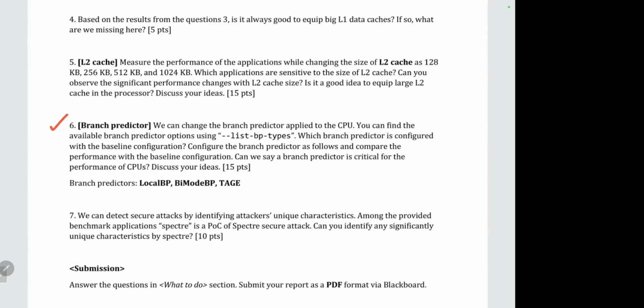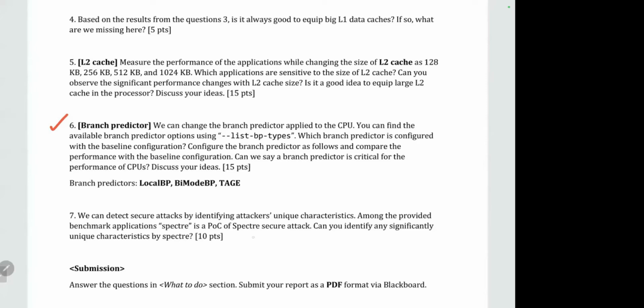Finally, the question is to compare specific characteristics of a specific application, such as Spectre. Spectre is a kind of speculative transient execution attack. This is a security attack that exploits an architectural vulnerability on the processor. You can compare performance metrics from Gem5 for normal benchmarks, such as the SPEC benchmarks, and the Spectre PoC, which is a security attack.